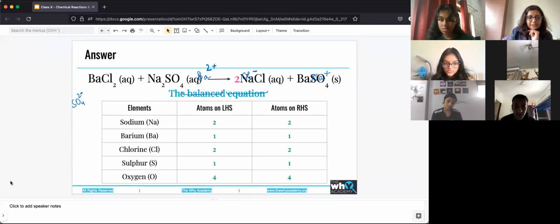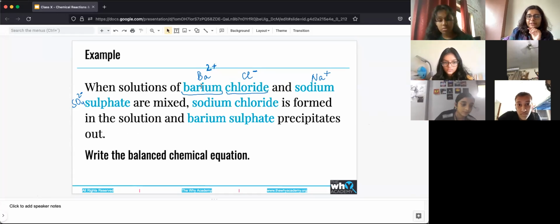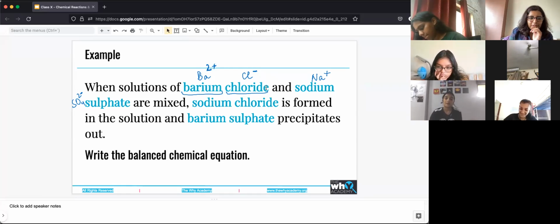Ashia and Samriddhi, Ashia, you got sodium sulfate correct. But barium chloride went wrong here. If barium's valency is 2 and chlorine's valency is 1, then if both of them form a compound, what will be the formula? To neutralize, how many barium and how many chlorine are needed? BaCl2. Yes, so barium chloride should be BaCl2.